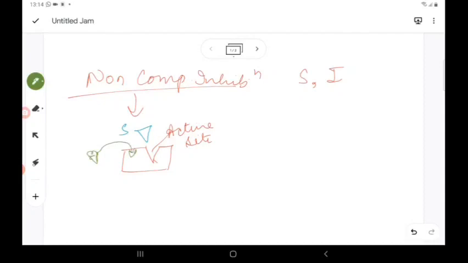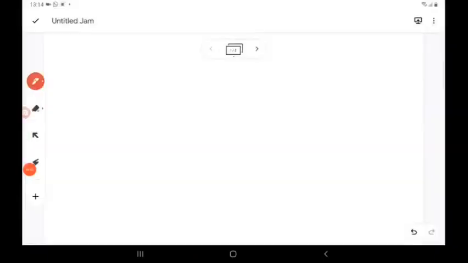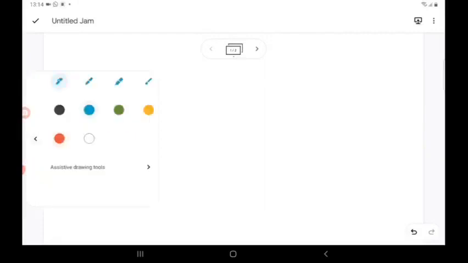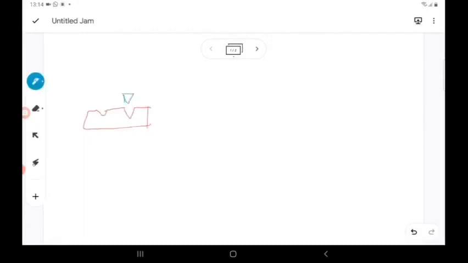Let me take another color. So suppose this is an enzyme and this is our substrate and this is our inhibitor. The inhibitor will bind at a site other than the active site, and it will distort the structure of the enzyme, or it will distort the active site.